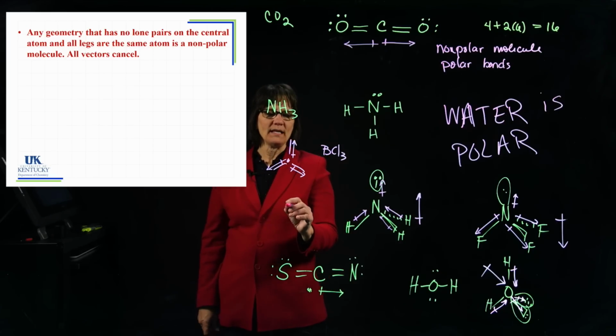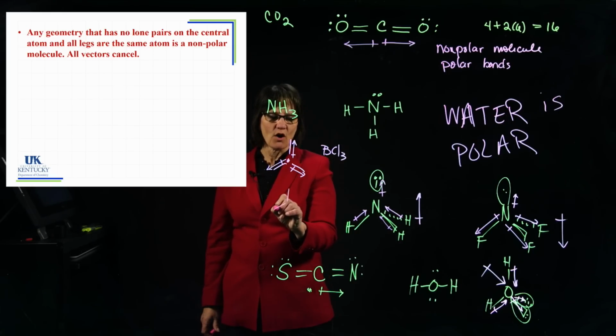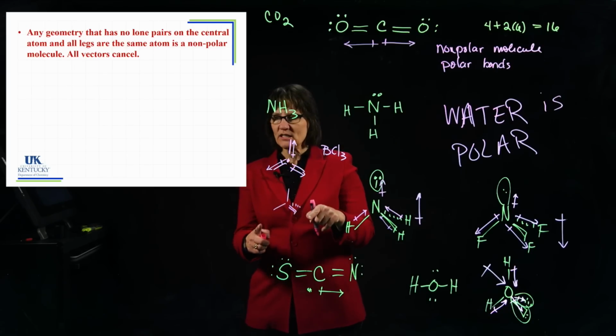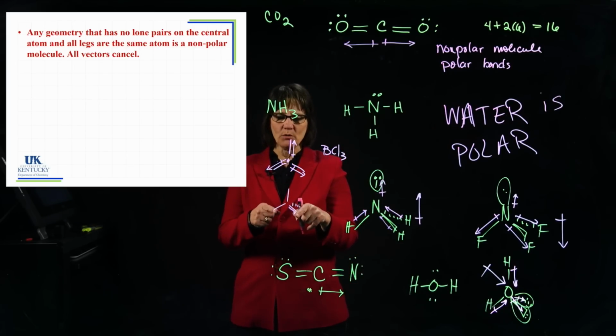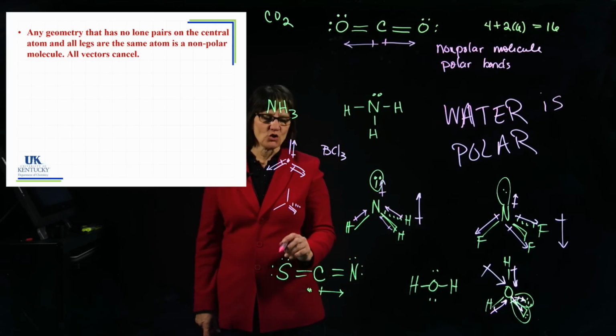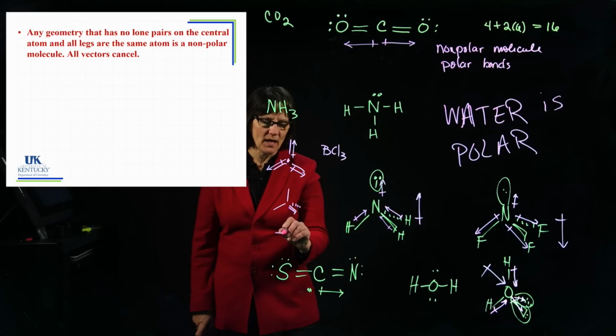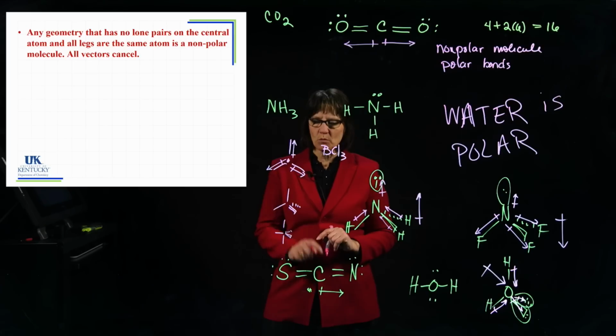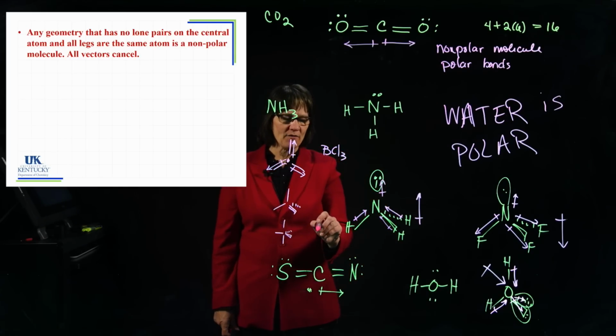The next shape would be a tetrahedron, okay? If all the legs are the same atom and there's no lone pairs and we did a tug of war in those directions, it would be nonpolar. We have a trigonal bipyramid, so we have one up, one down, and the three in the equatorial position. If we're pulling in those directions, it would be nonpolar. And then we have our octahedron.